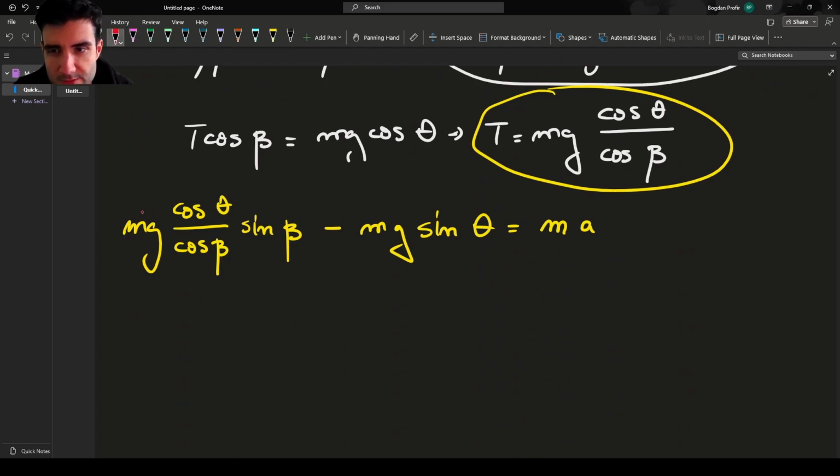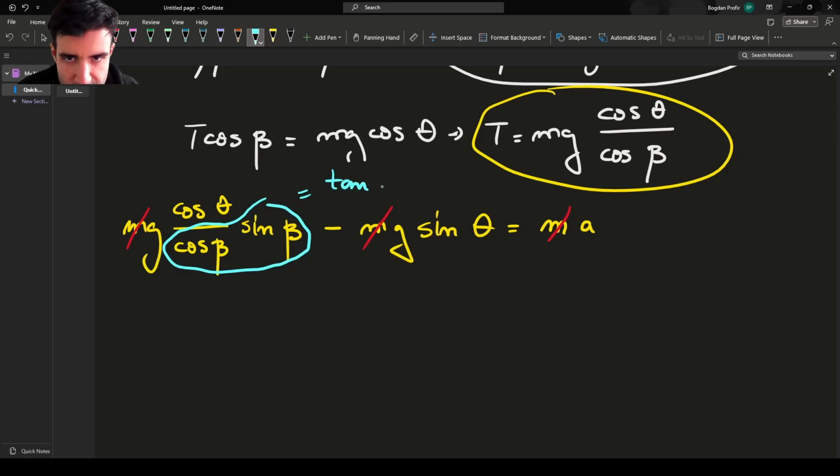So now we just have one equation with one unknown. We can simplify some things and cancel out the m's. Hopefully you'll notice that this quantity here is just tan of beta, which means beta appears just once and we can make it the subject of our equation. If we keep this term on one side, we can take everything else to the other side.